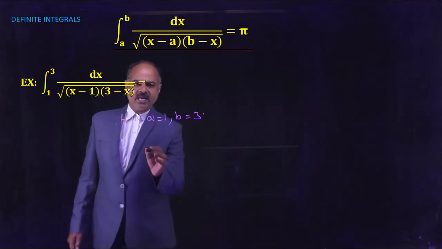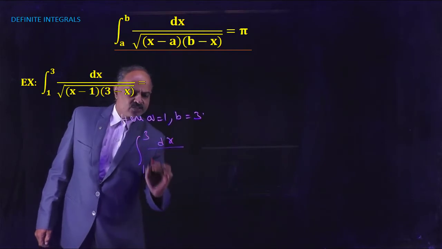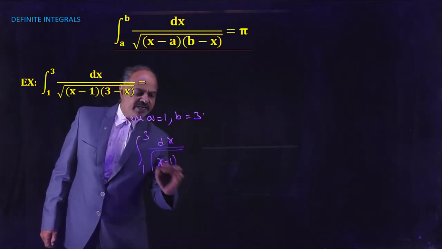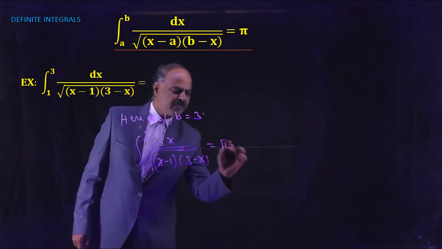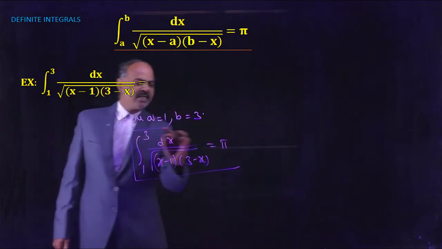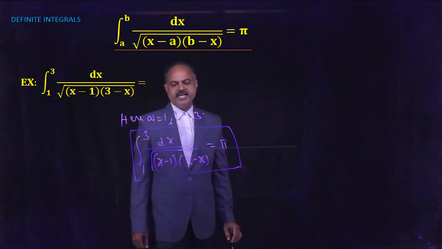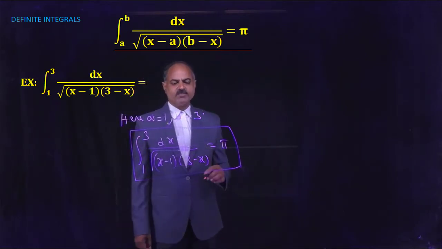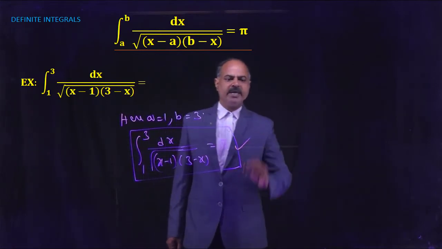So integral 1 to 3 dx by square root of (x minus 1) into (3 minus x) equals pi, since integral a to b dx by square root of (x minus a) into (b minus x) equals pi.